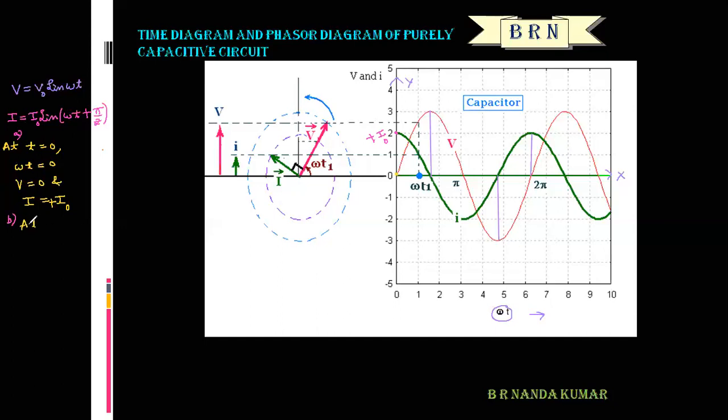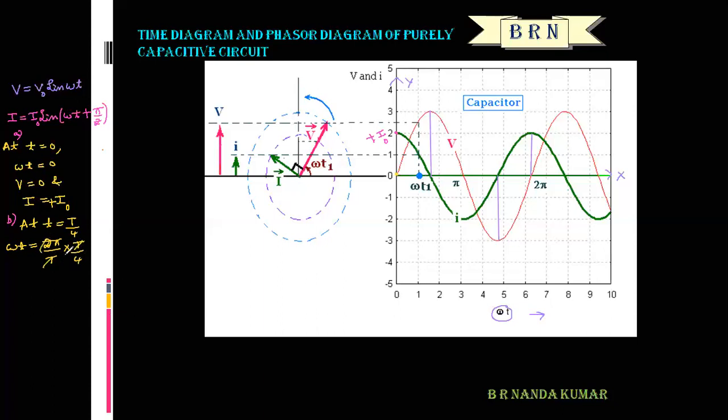At the next phase, what is the time? That is T by 4. What is the value of omega t? Omega t is pi by 2, is it not? Omega in terms of time period is 2 pi by T, and the small t value is T by 4.